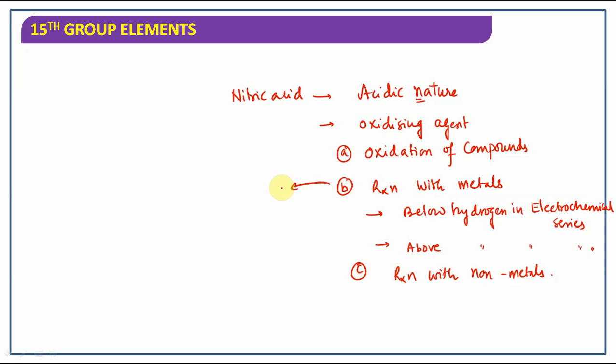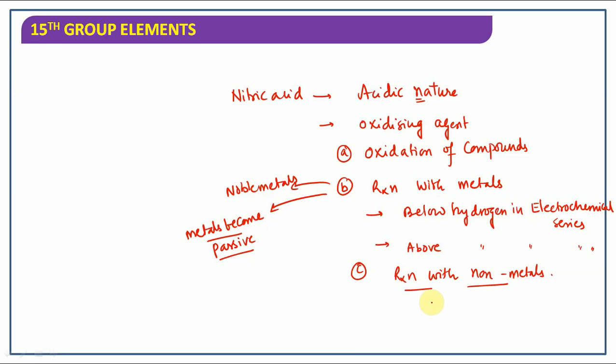Under metals, we have discussed reaction with noble metals also. Under that, reaction with certain metals becomes passive. Metals become passive with concentrated nitric acid. All these reactions we have done. Reaction with non-metals means phosphorus to phosphoric acid, iodine to iodic acid, carbon to carbon dioxide, sulfur to sulfuric acid. And uses also we have discussed. This is all about nitric acid.